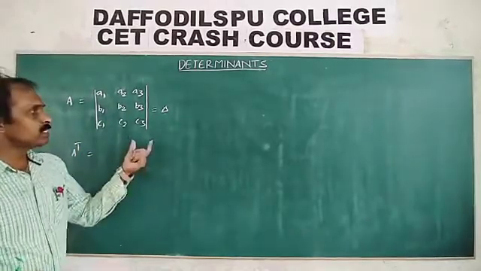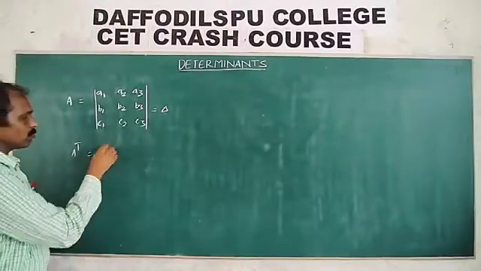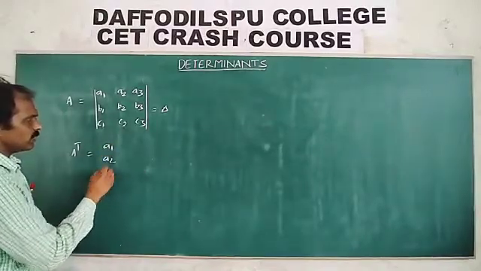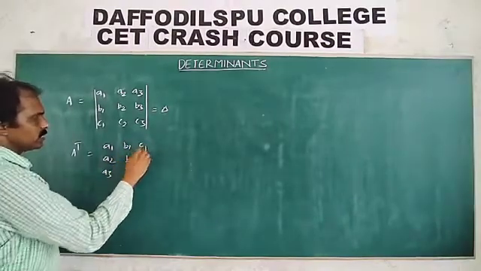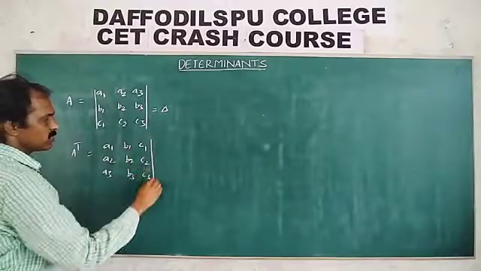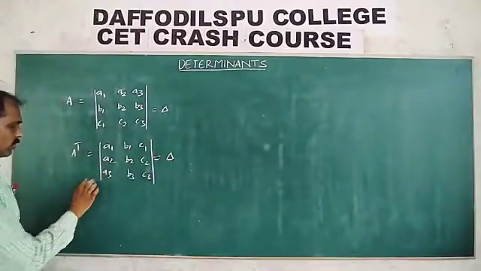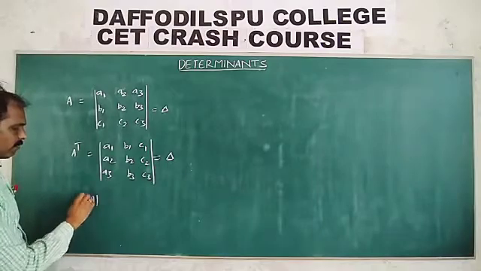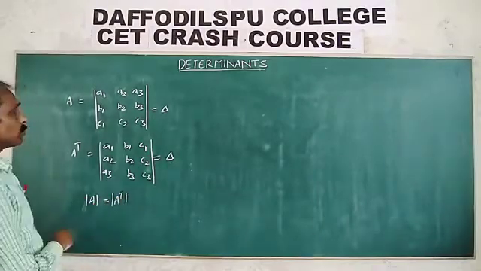Then the value of the determinant remains unchanged. That is the first property. We get the same determinant. Therefore, det of A is equal to determinant of A transpose.